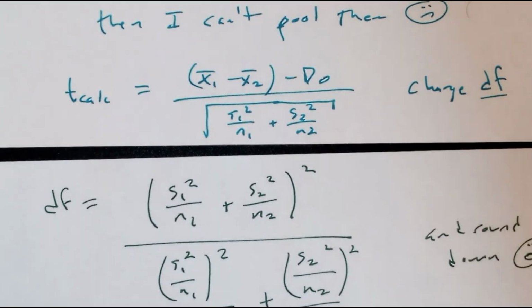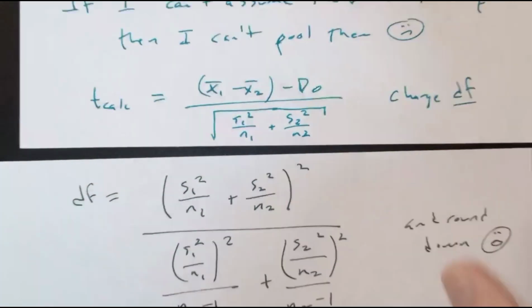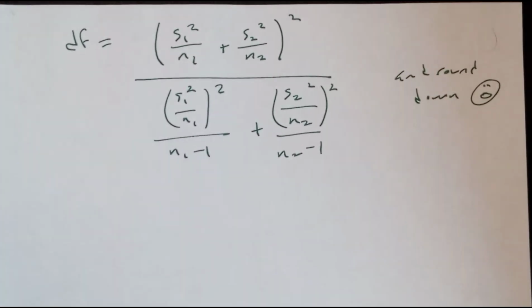Question. Yes, sir. So say we're assuming something is equal variance and we do unequal variance. Like on the calculator, I would say Pooled no as opposed to pooled yes. Yeah.